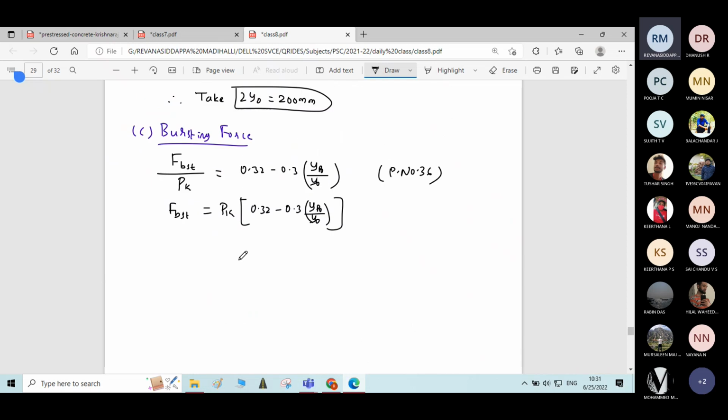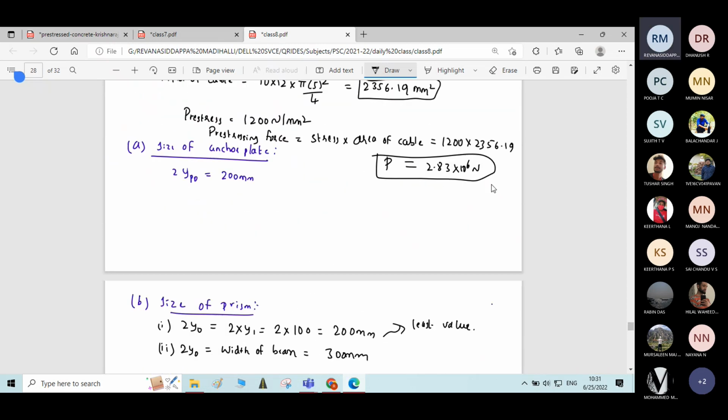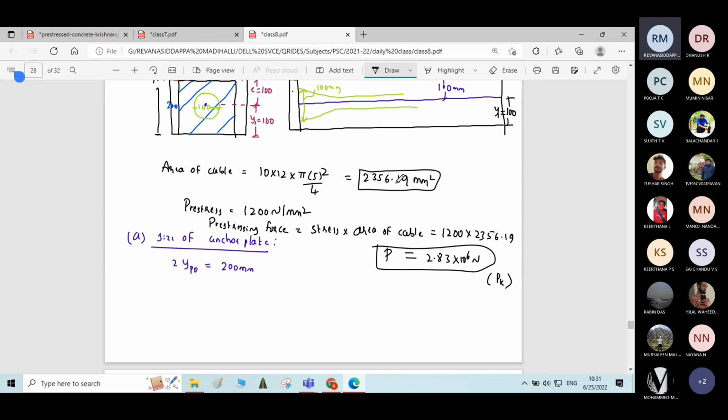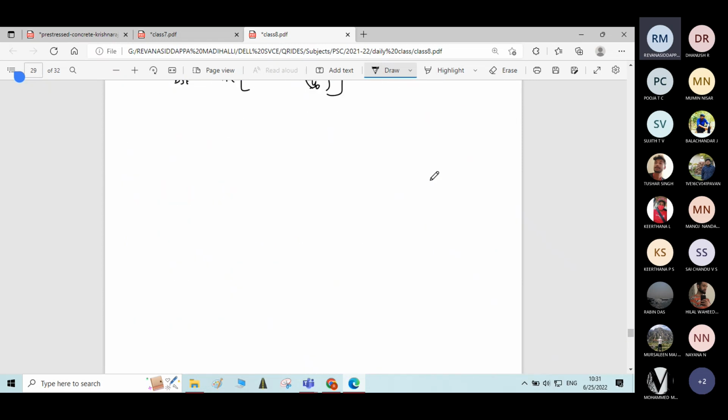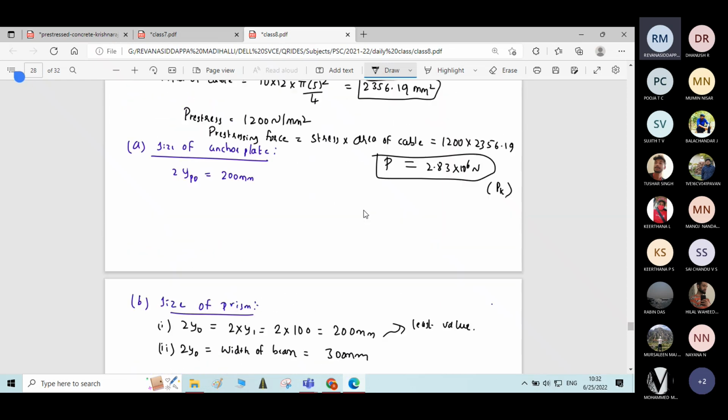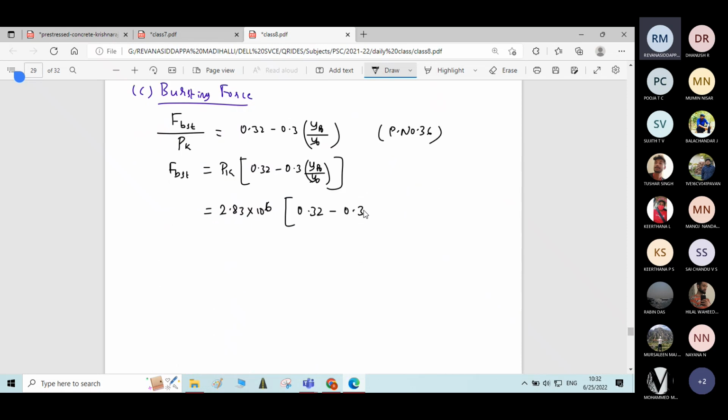The notation given is Pk, nothing but the pre-stress only. How much is it? 2.83 into 10 power 6 Newton. Therefore FBST is equal to 2.83 into 10 power 6 into (0.32 minus 0.3 into yp naught by y naught, that is 200 by 200).